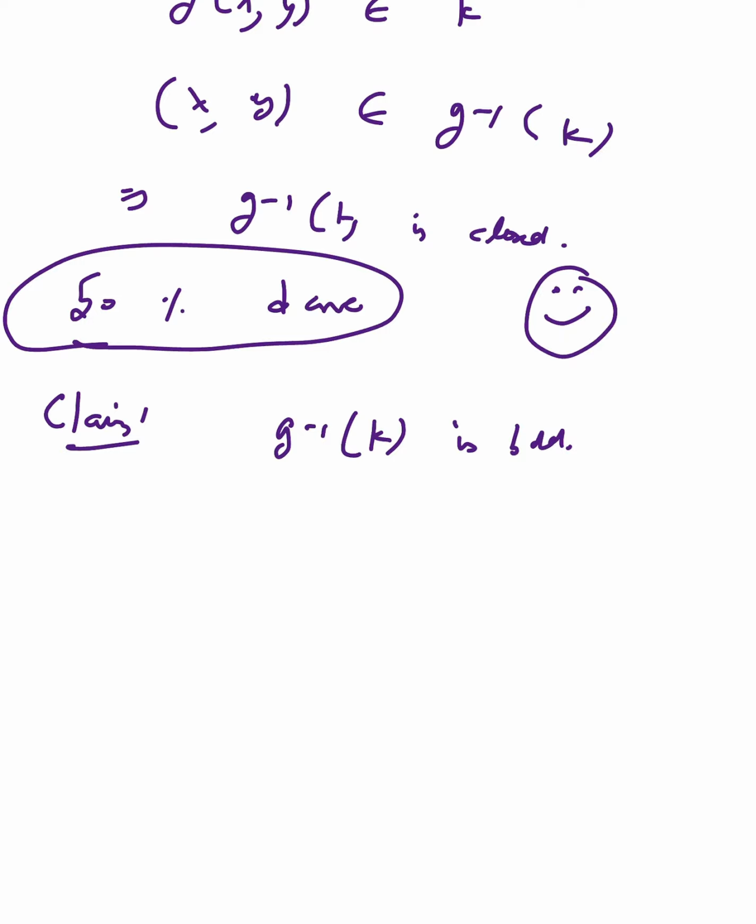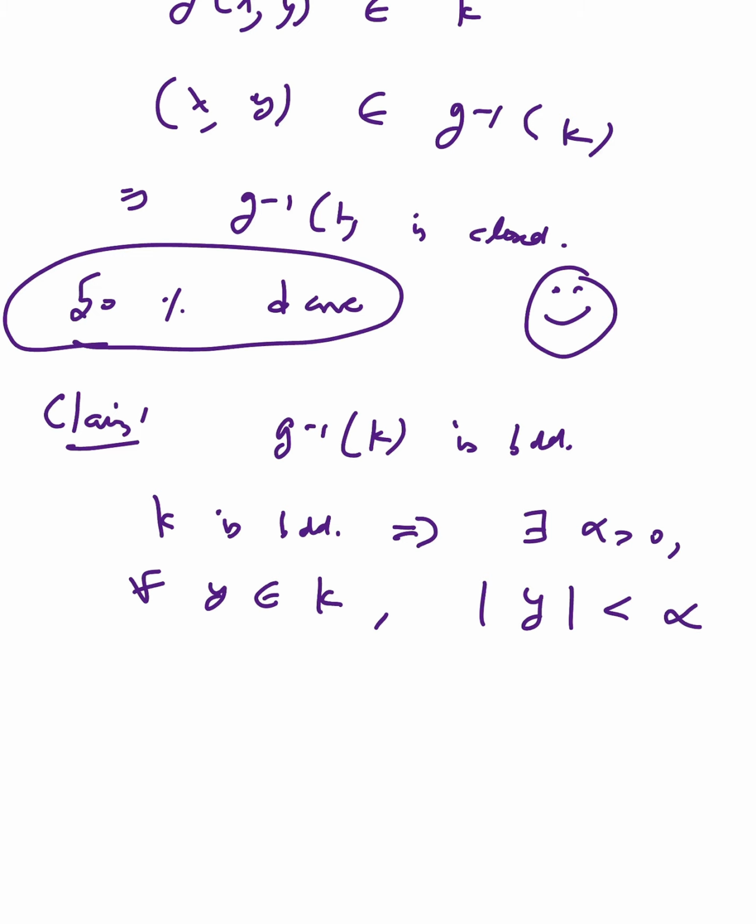So since K is bounded, we know that there exists some alpha such that for every y in K, mod of y has to be less than alpha, right?